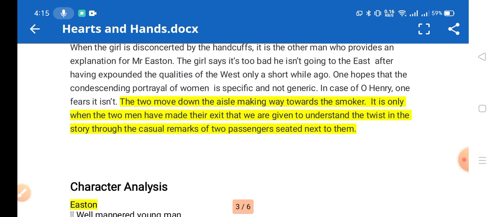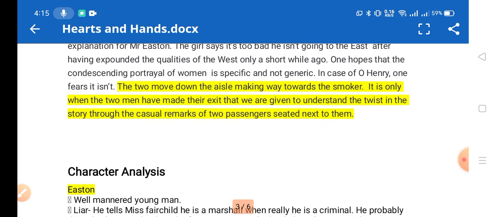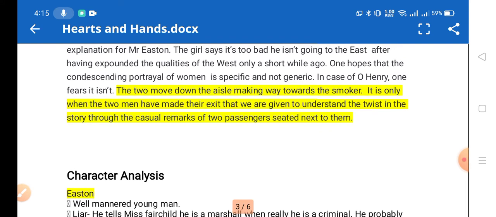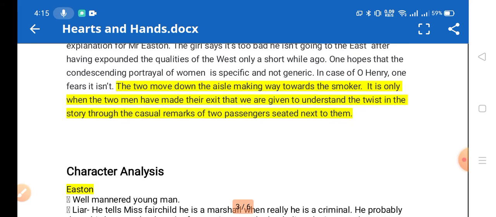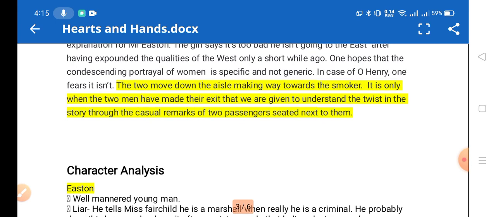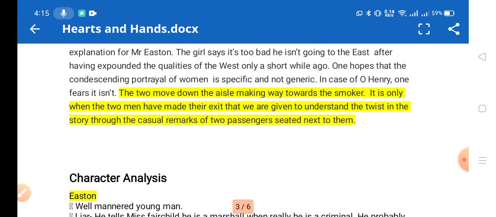And at the last, what happens? In the case of O. Henry, one fears not, and the two men move down the aisle, making their way towards the smoker. And it is only when the two men have made their exit that we are given to understand the twist.